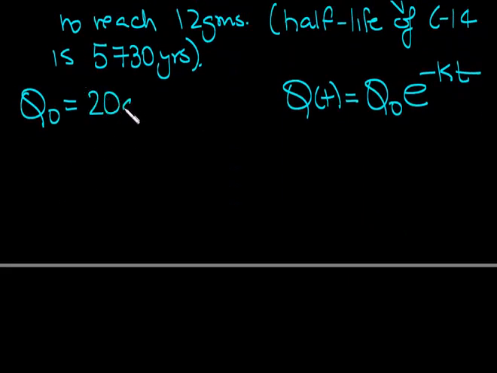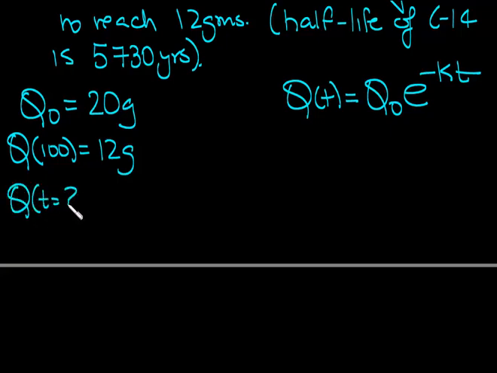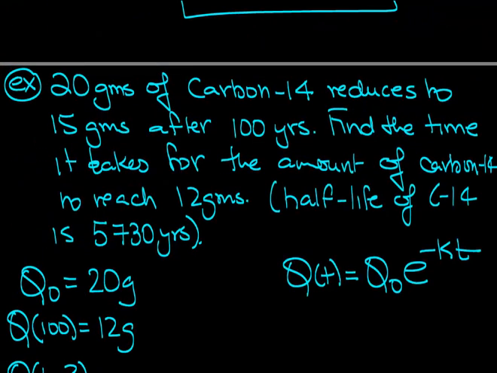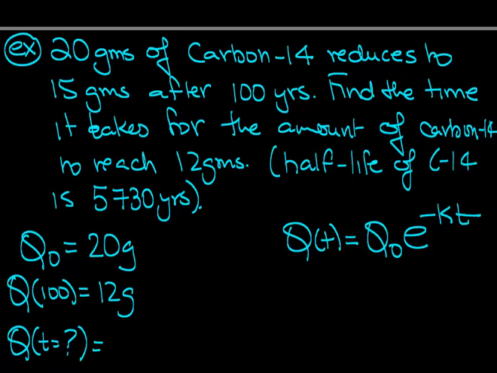And they've told us that Q is 12 grams. They want you to find how long it takes for the amount of carbon to go from 15 grams after 100 years to be 12 grams. How long will it take for the amount of carbon to be 12 grams?